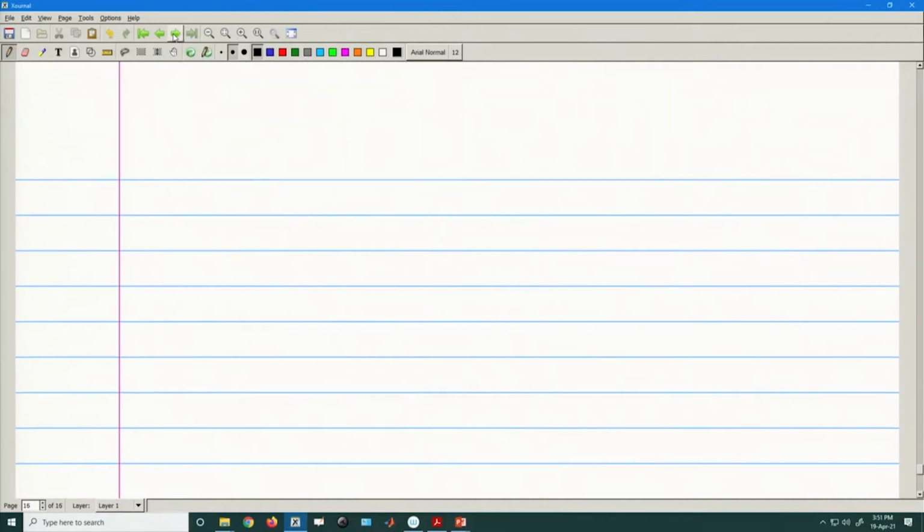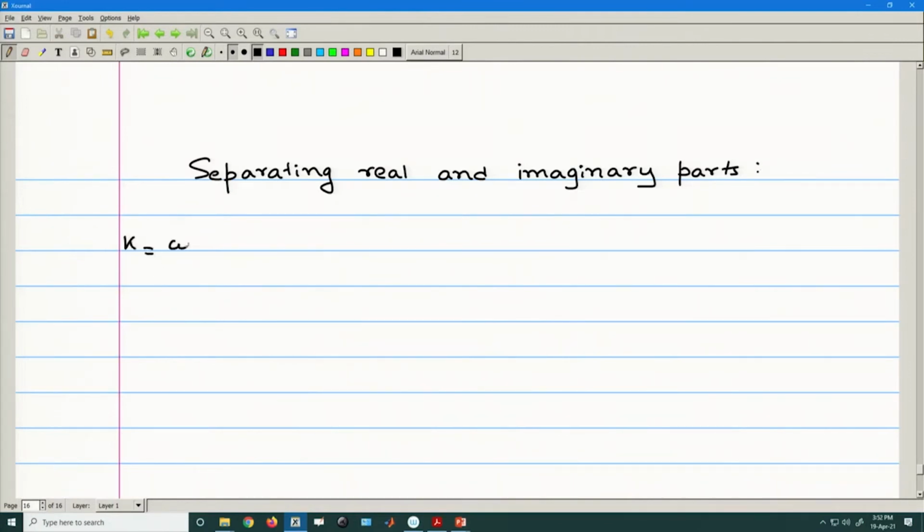So, separating the real and imaginary parts, we will have k equals omega mu epsilon prime.